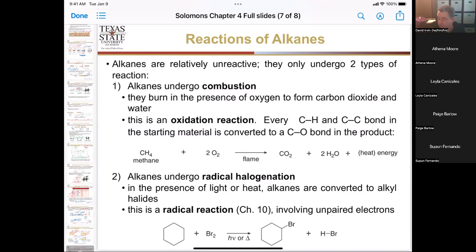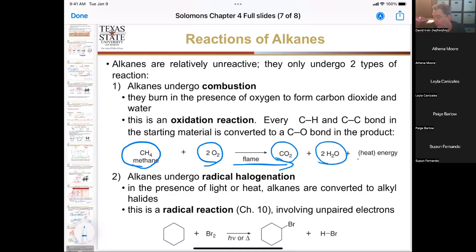And so we can take our non-polar bond and create a more stable polar bond by burning it, okay? And that creates CO2 and water and releases heat, okay? So that means that the carbon-oxygen double bond is actually more stable than the carbon-hydrogen bond because it releases heat during the reaction. We're going to talk about that again in chapter 6.